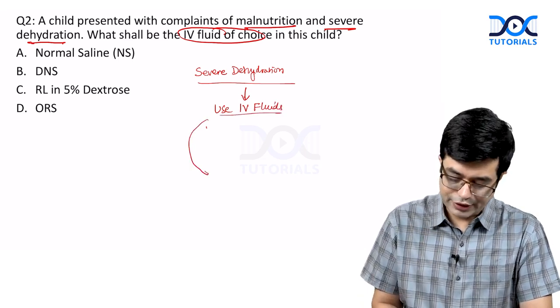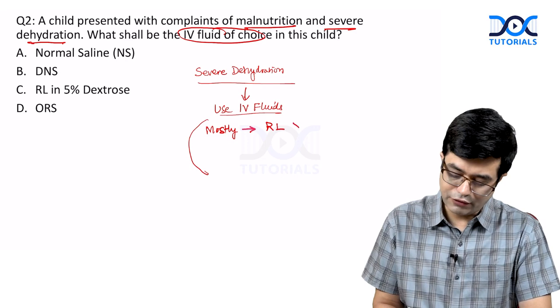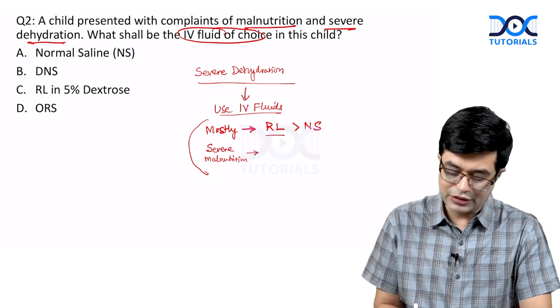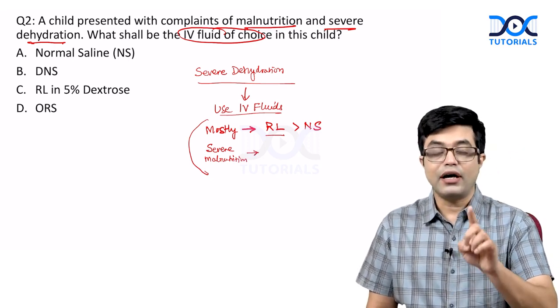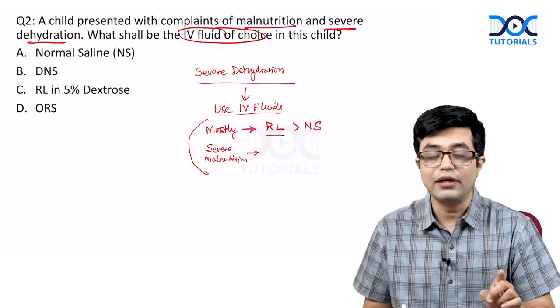In most of these scenarios, if nothing else is mentioned, the favored fluid for these children is ringer lactate followed by normal saline, right? However, if the question says severe malnutrition or a kwashiorkor or marasmic child and you need to use IV fluids, these children also have chances of hypoglycemia.